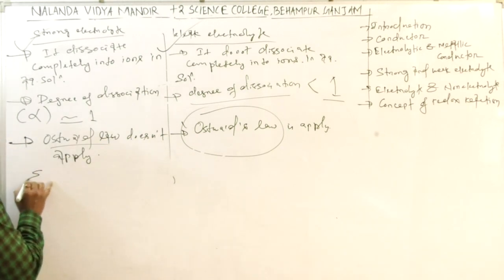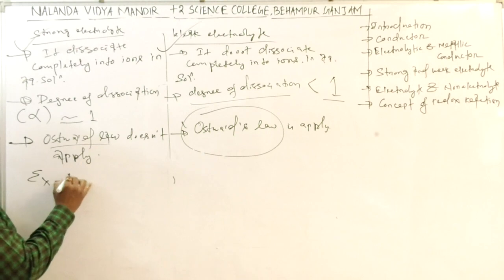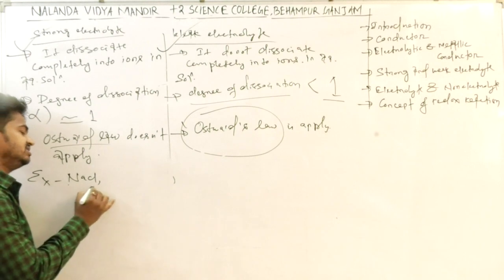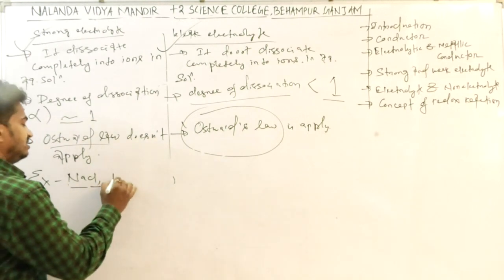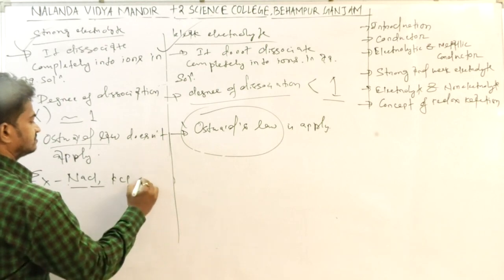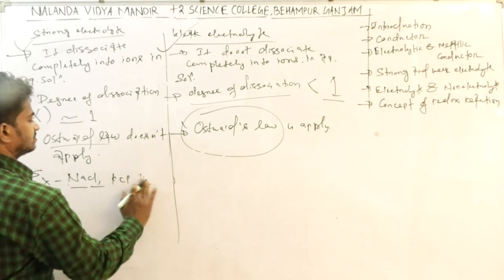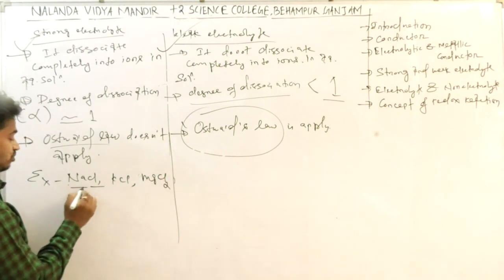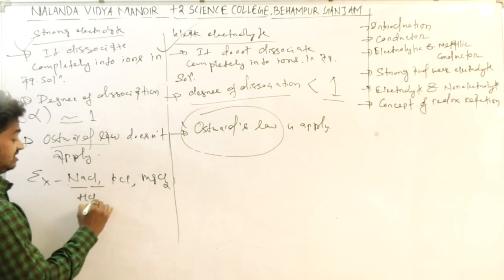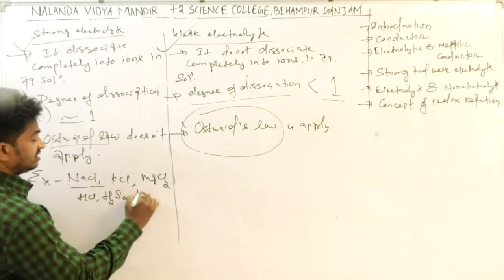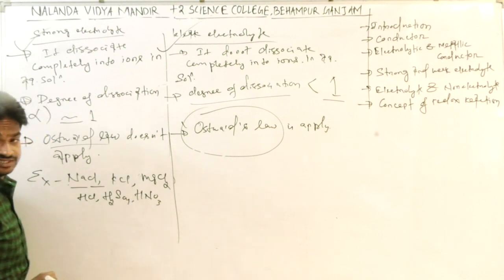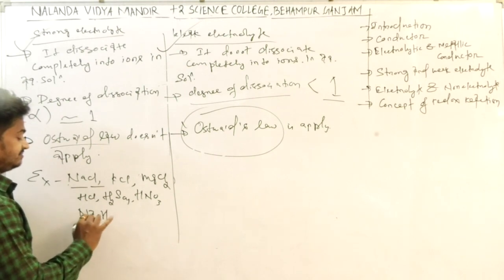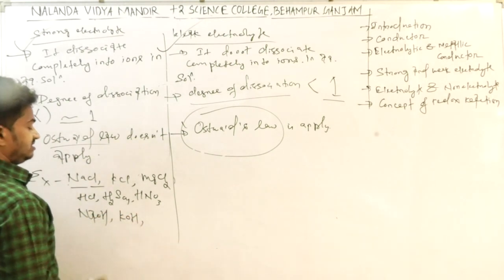If we talk about examples, then under the strong electrolyte come all the salts which come from a strong acid and strong base. Similarly, all the strong acids, that is HCl, H2SO4, HNO3, and all the strong bases, that is sodium hydroxide, potassium hydroxide.